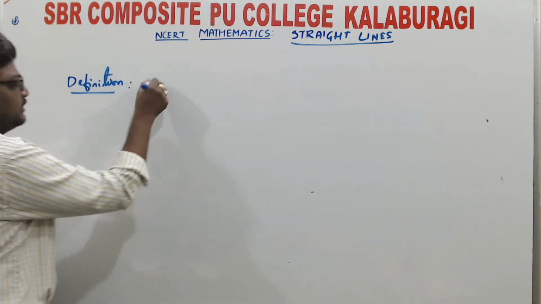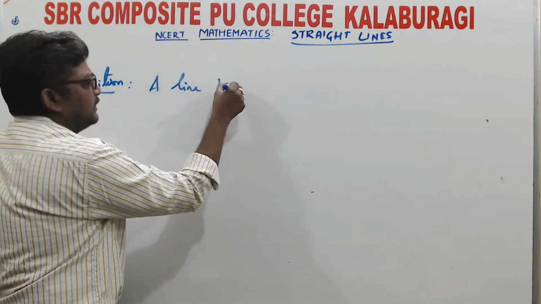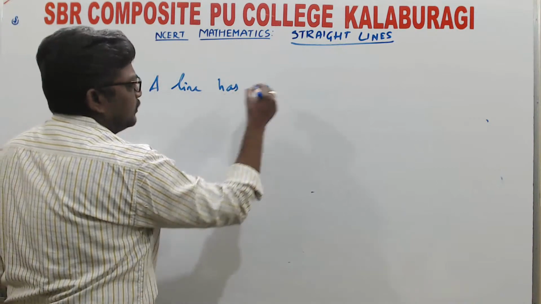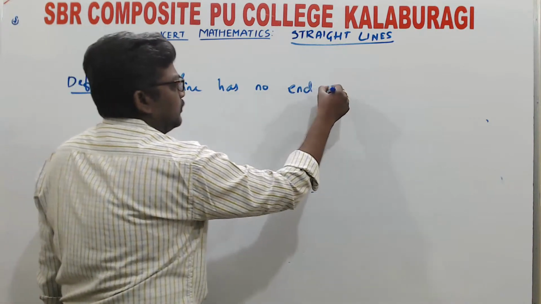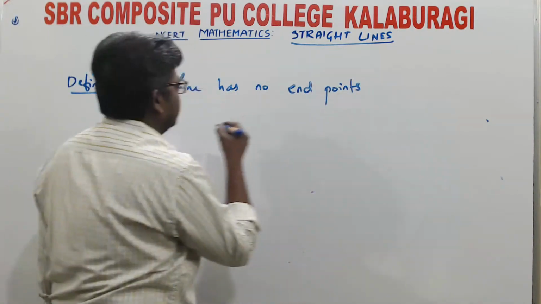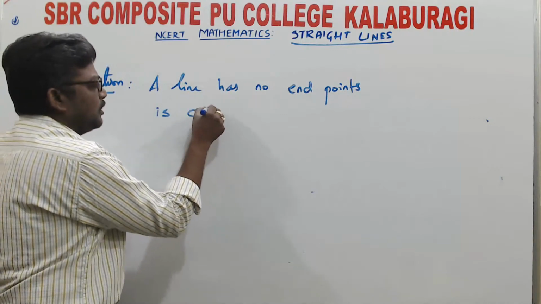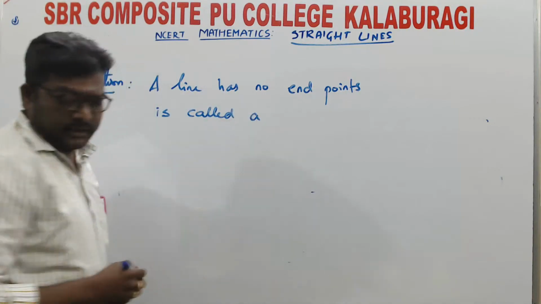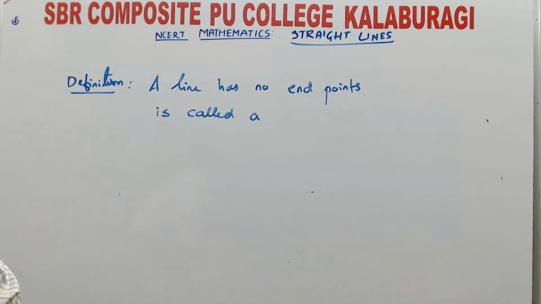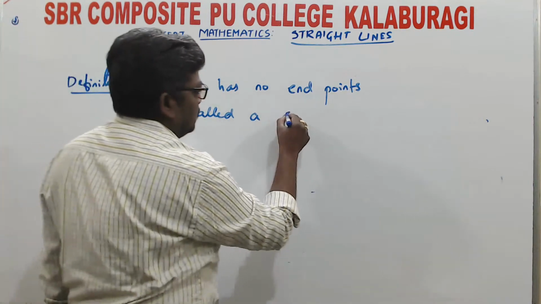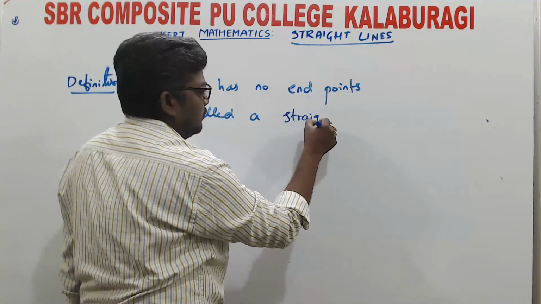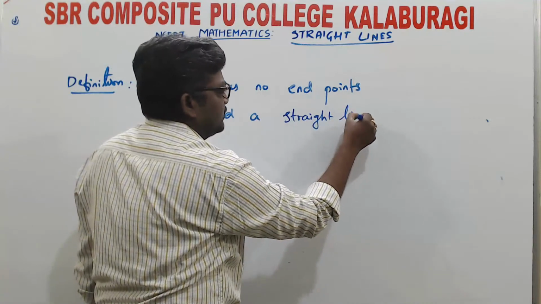Definition, simple definition: a line which has no end points is called a straight line.